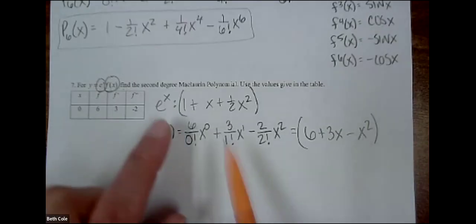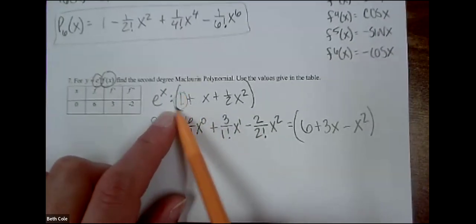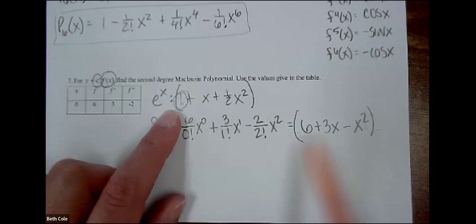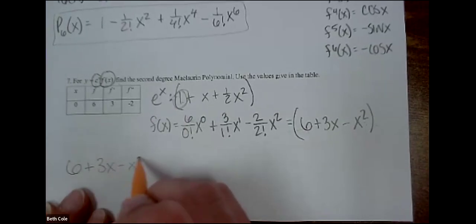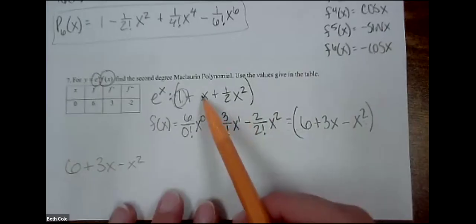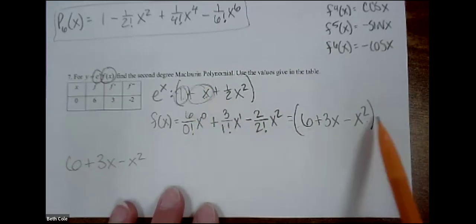Okay? So I would distribute the terms one at a time. First, let's distribute the 1 into here. If you distribute a 1, it's just going to be 6 plus 3x minus x squared. And I didn't go above power 2, so we're good. And then you would distribute x into all three of them.